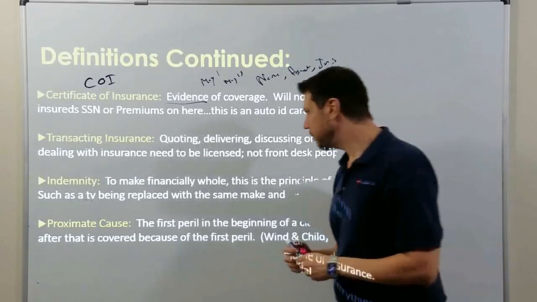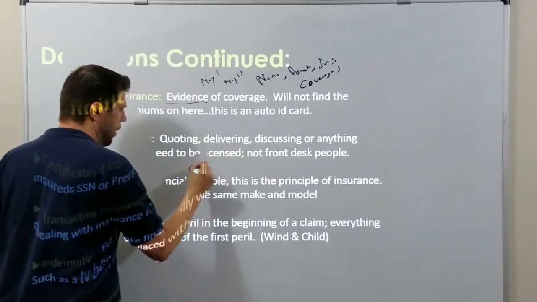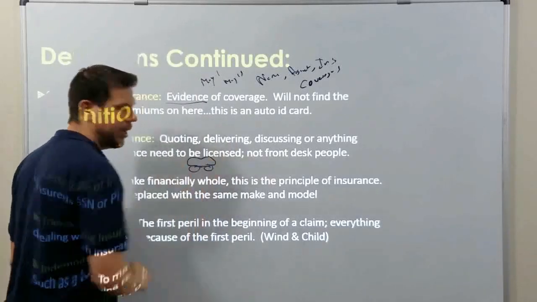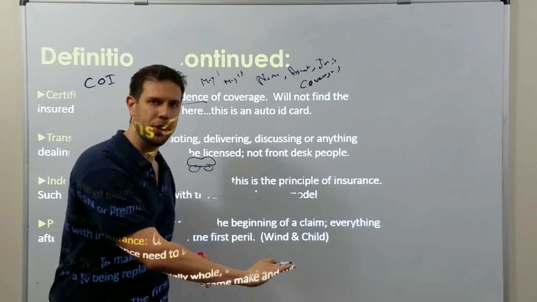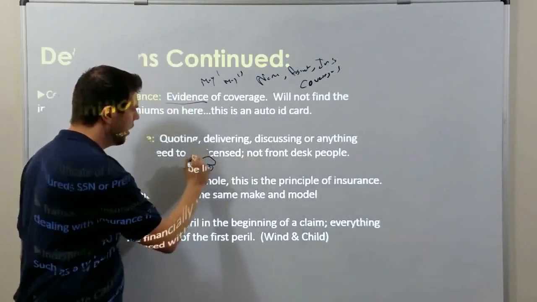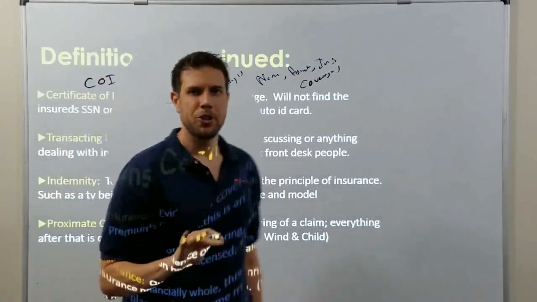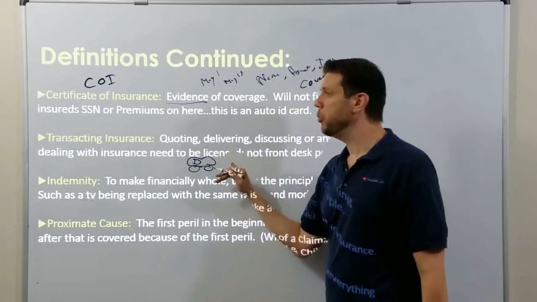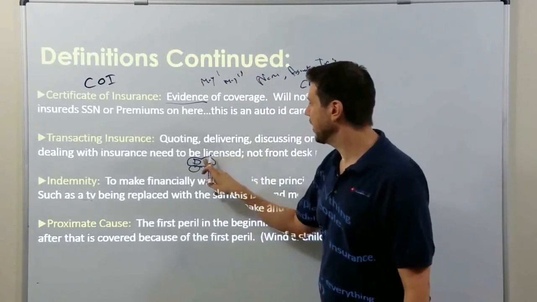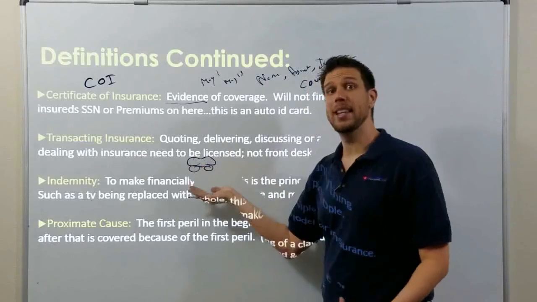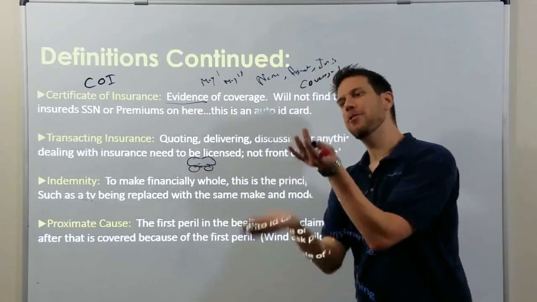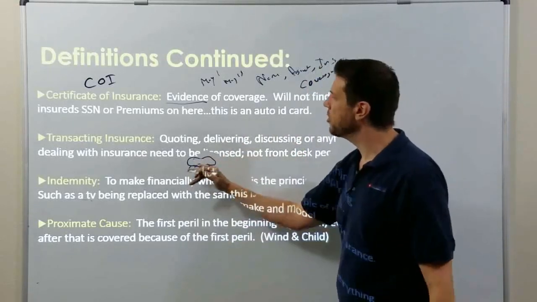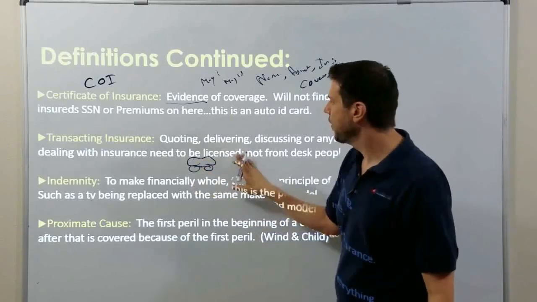So for example, if you have a car and I go and kick a dent in your car, the insurance company's not going to buy you a new car. They'll just fix the dent. That's indemnity. You have been made financially whole for the damage up to the limits in your policy.